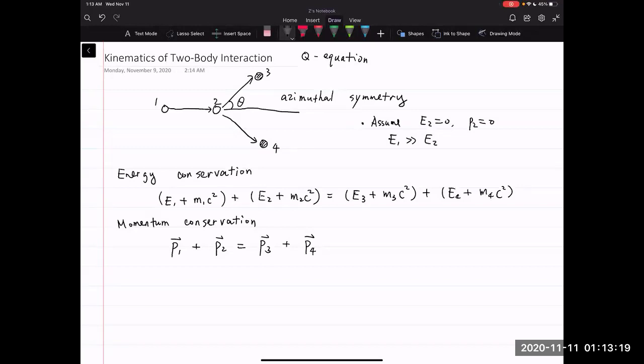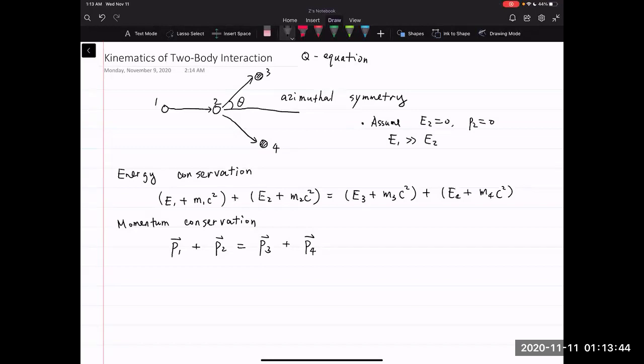And what is E2? E2 is the kinetic energy of particle 2. If we think about particle 2, it's in thermal equilibrium inside certain materials, let's say a water molecule inside a tank of water kept at a certain temperature. Then the distribution of the kinetic energy follows the Boltzmann distribution.